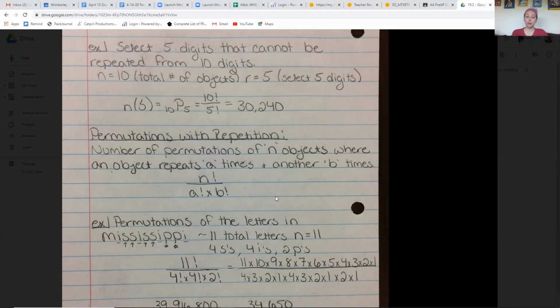So our permutations with repetition is n factorial, so 11 factorial, which is 11 times 10 times 9 times 8 times 7, blah, blah, blah, all the way to 1. All of that over 4 factorial times 4 factorial times 2 factorial. So 4 times 3 times 2 times 1 times 4 times 3 times 2 times 1 times 2 times 1.